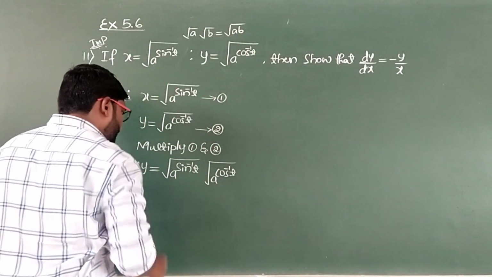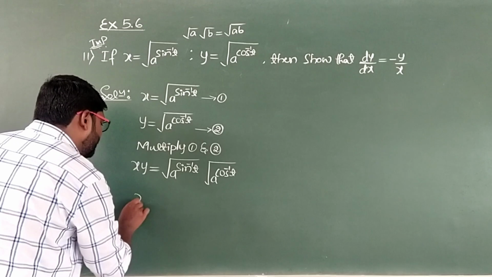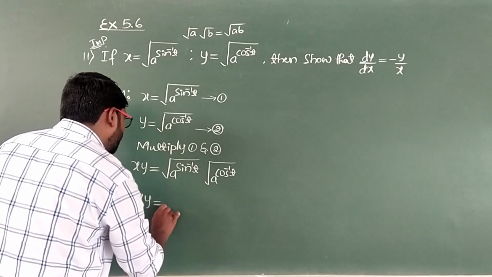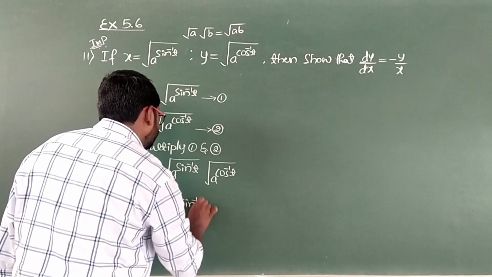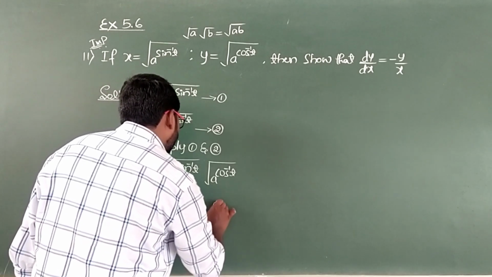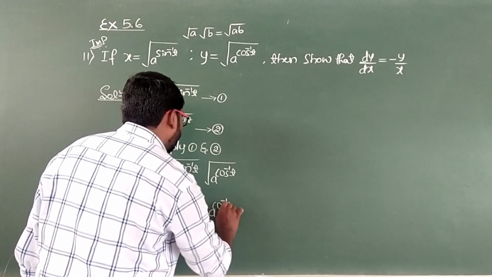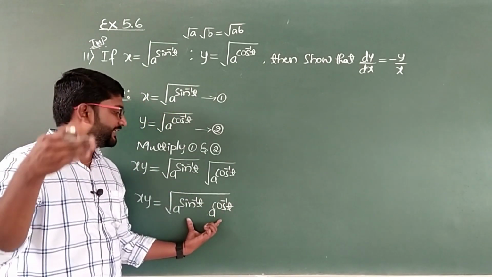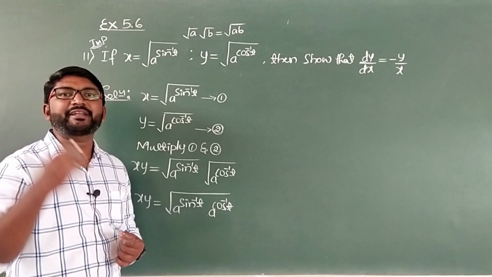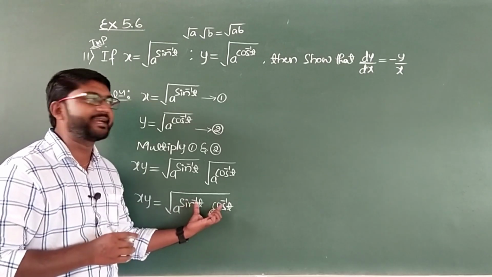So we get xy equals square root of a to the power sin inverse t into a to the power cos inverse t. Now this is in the form a raised to m into a raised to n becomes a to the power m plus n; the powers will be added up.